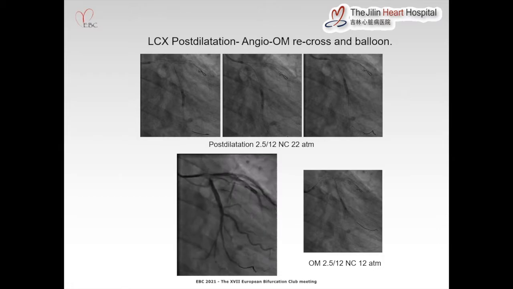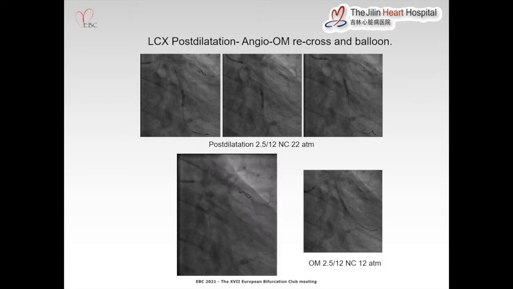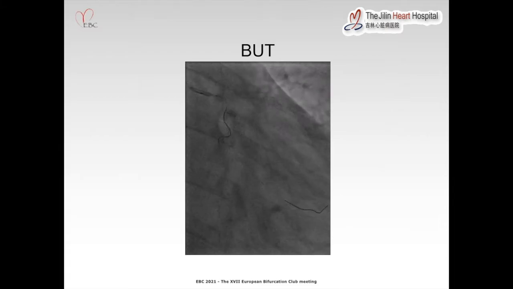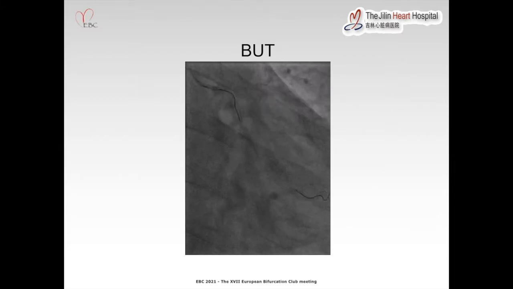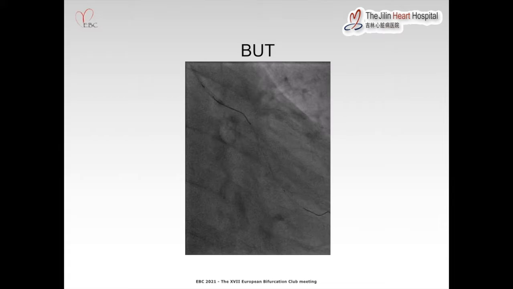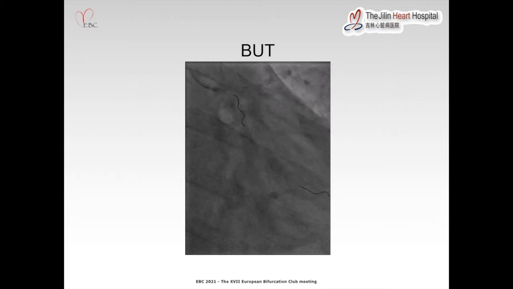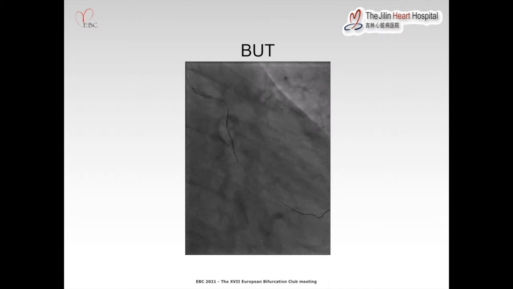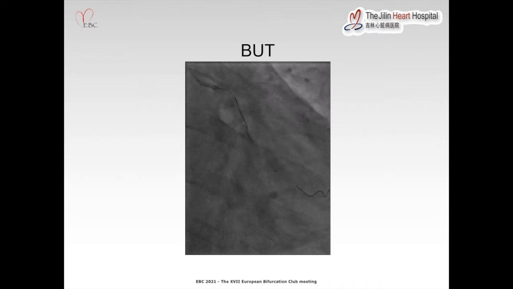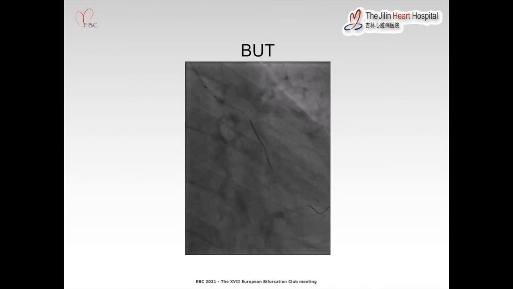Then he rewired the OM and opened the struts there with the same 2.5 balloon. And actually this is an enlargement to see the rewiring of the posterolateral, and you see the operator had some difficulties.